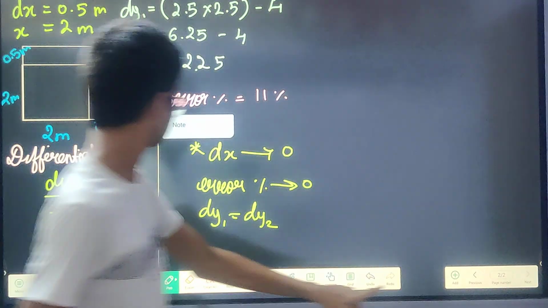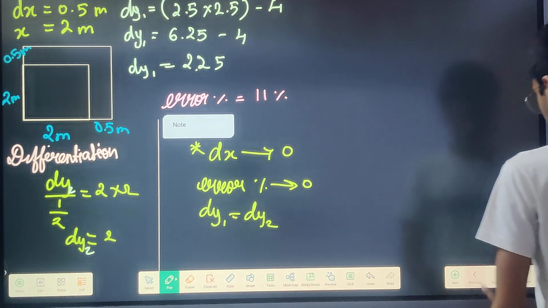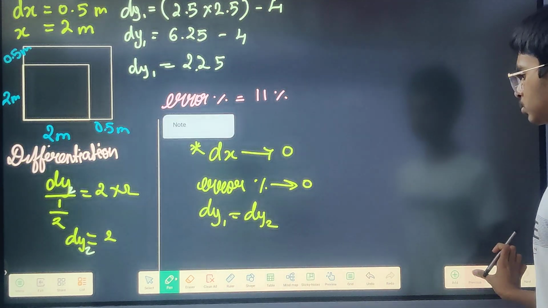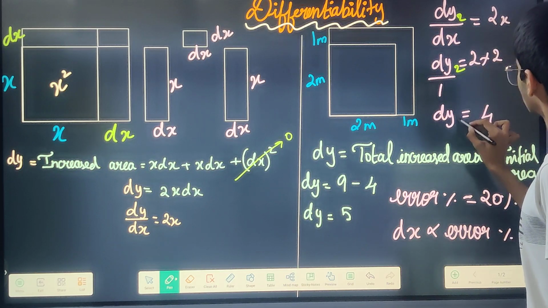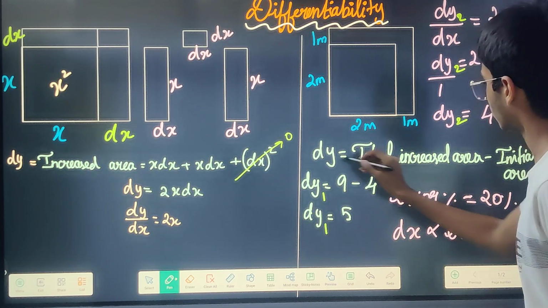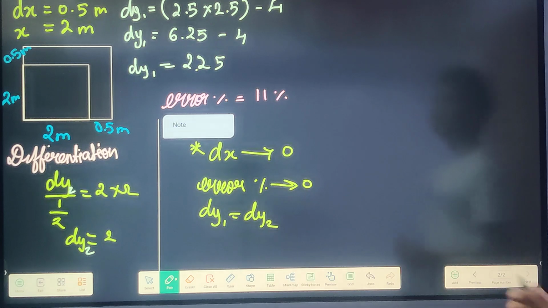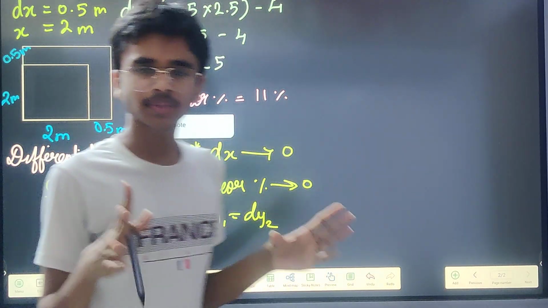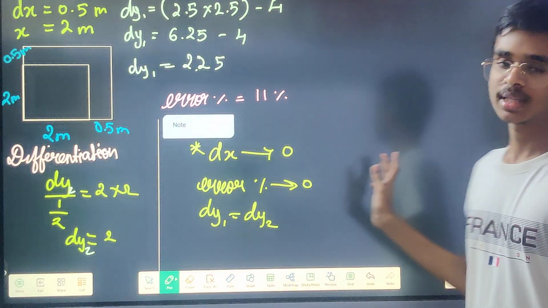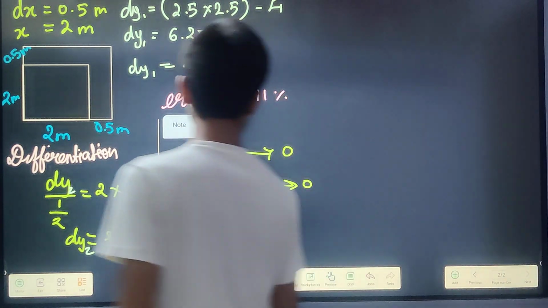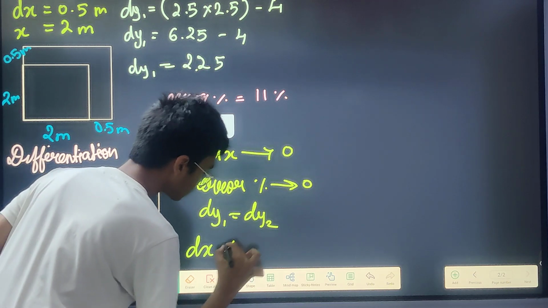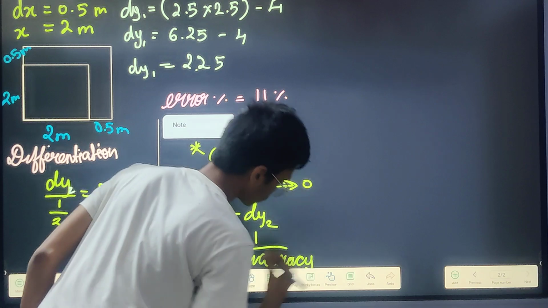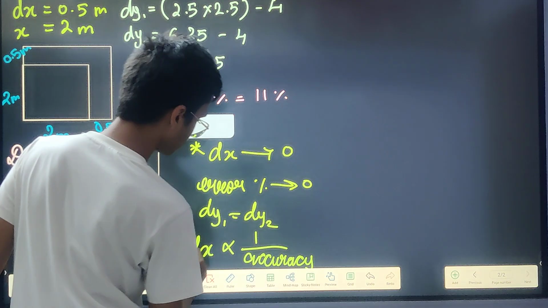If this dx is very small, then the accuracy will be very high. So you can take that dx is inversely proportional to accuracy.